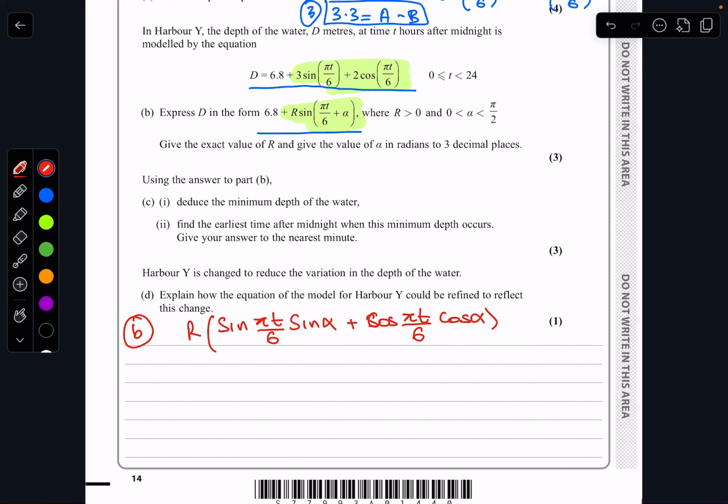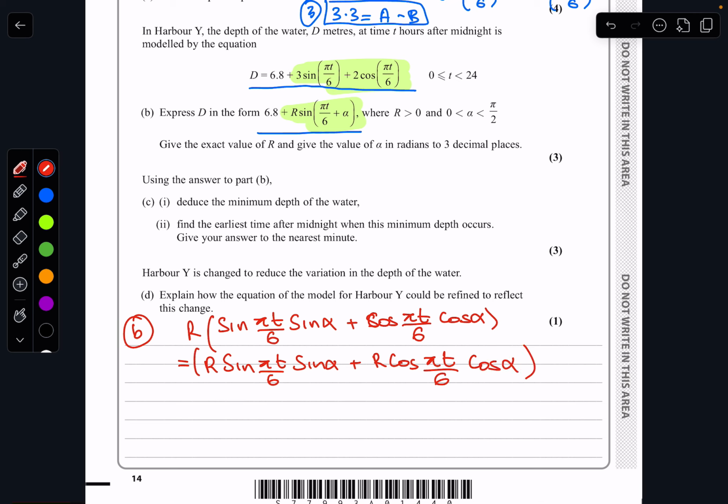If you then expand the r, that becomes r sine pi t over 6 sine alpha plus r cos pi t over 6 cos alpha. So that's the expansion that you get from there.